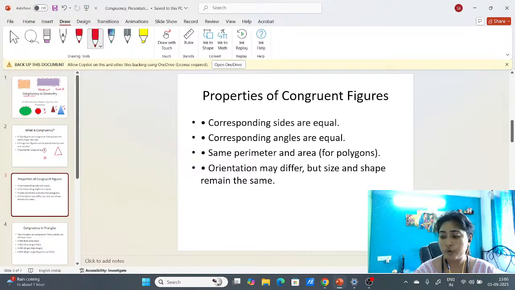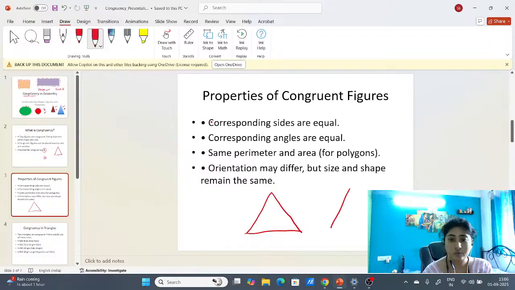Properties of congruent figures. We are going to discuss the properties of congruent figures. Corresponding sides are equal if we have two congruent triangles. Suppose this is my triangle ABC and this is my DEF.